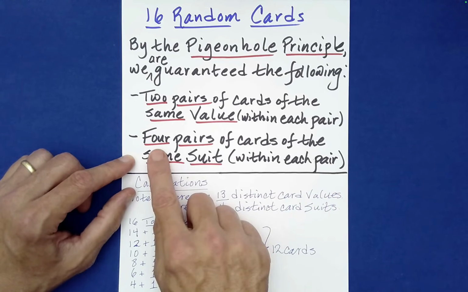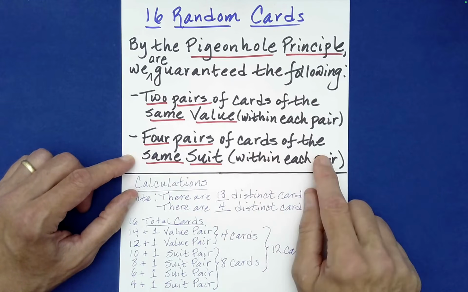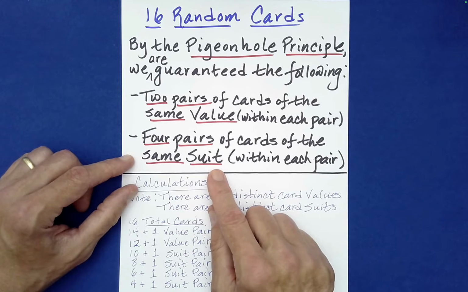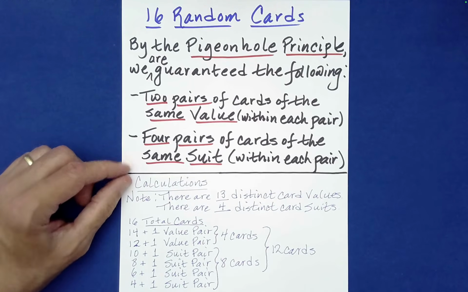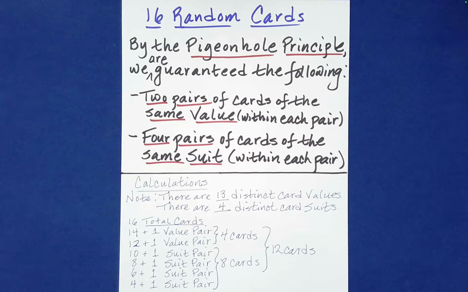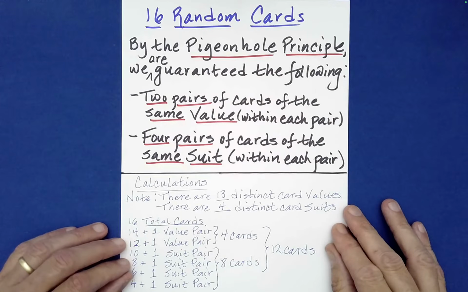Namely, there will be 4 pairs of cards of the same suit within each pair, which is exactly what we saw. And these are not probabilistic. This isn't, well, it might happen. These are factual. This will have to be the case for any group of 16 cards because of the pigeonhole principle. So it guarantees these outcomes, okay?